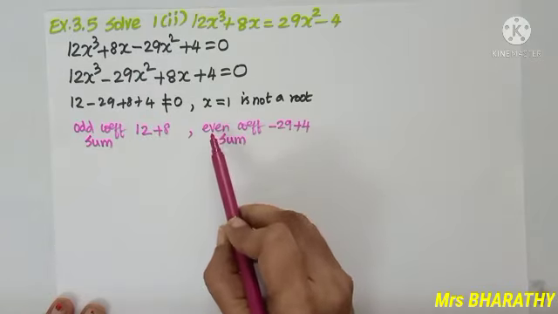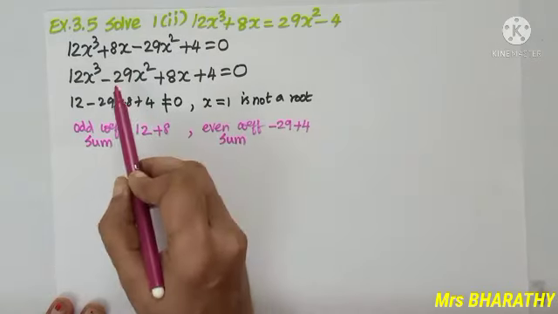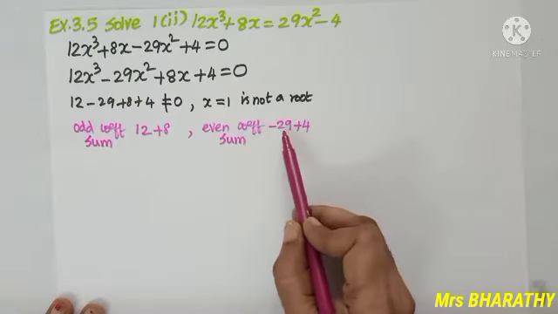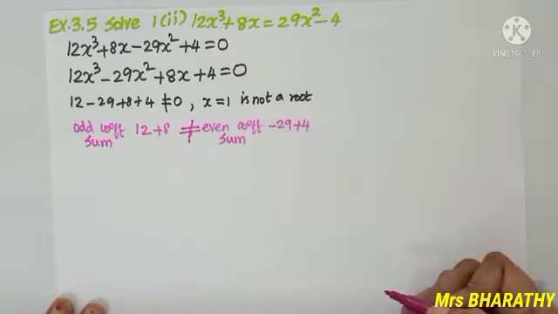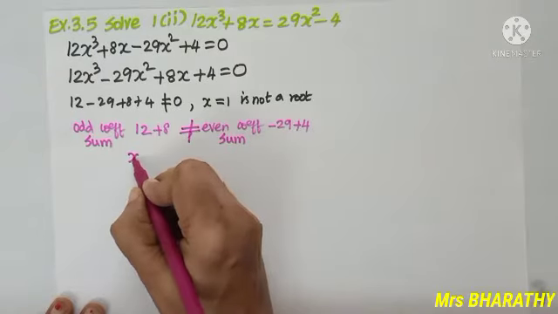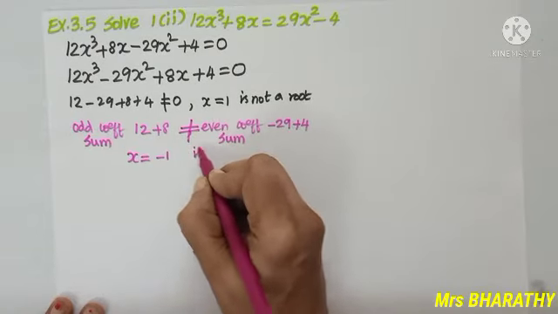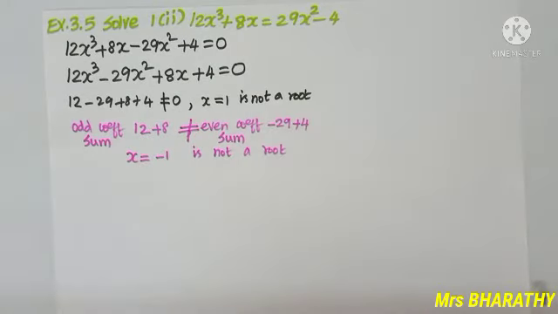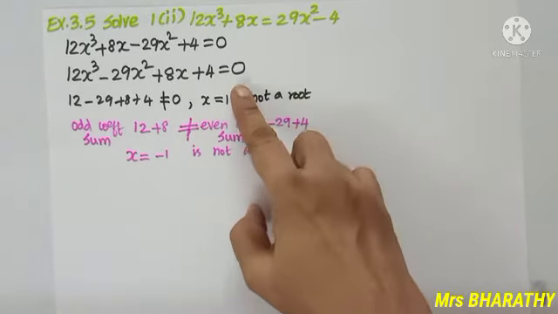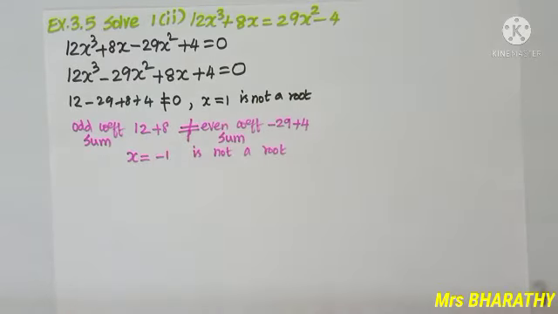As I find the even coefficient sum, that is minus 29 plus 4, that is minus 25, which is not equal. So I will declare x is equal to minus 1 is not a root. So I have decided 1 and minus 1 are not roots.